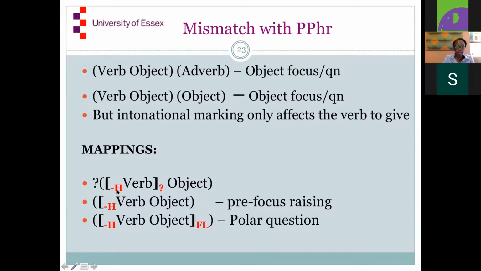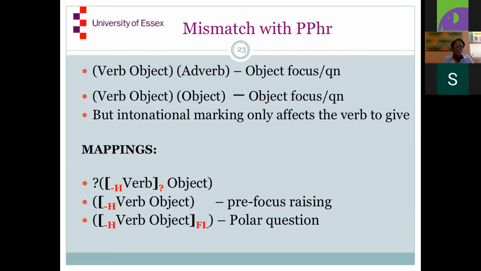The constituent where we are seeing this pre-focus raising happening is the verb. So the question, like I said before, is whether we have an intonational high tone on the left edge, but then its domain is only the verb, whereas the following object, which is part of the phonological phrase, is not part of that pitch raising that we are seeing before the focus.